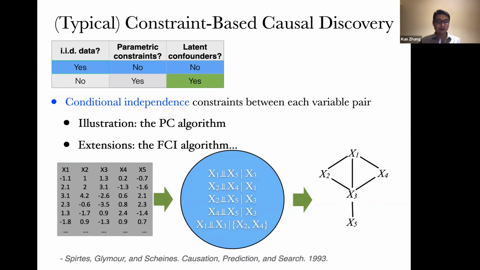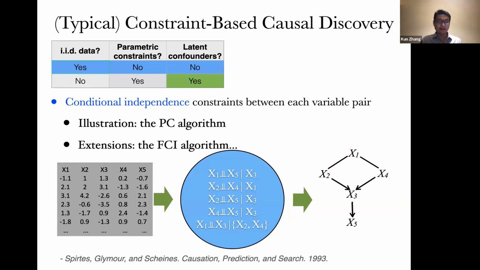After you have a skeleton, you can detect the so-called v-structures. X2 and X4 are conditionally independent given 1 but not 3. So this is the only possibility for them to be related. And then you can go further to avoid fake v-structures by doing edge orientation propagation and so on. In this case, we have this result.